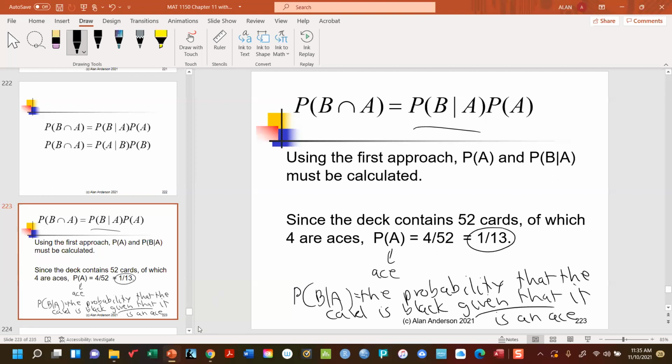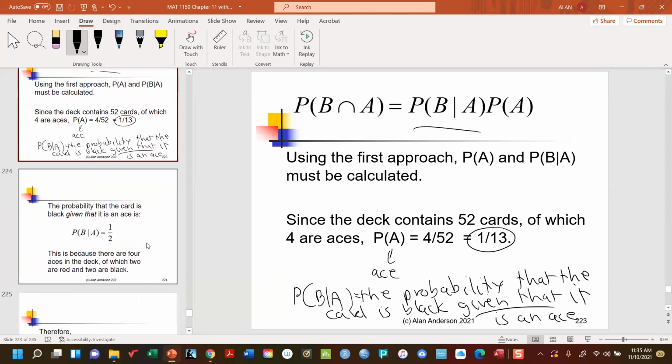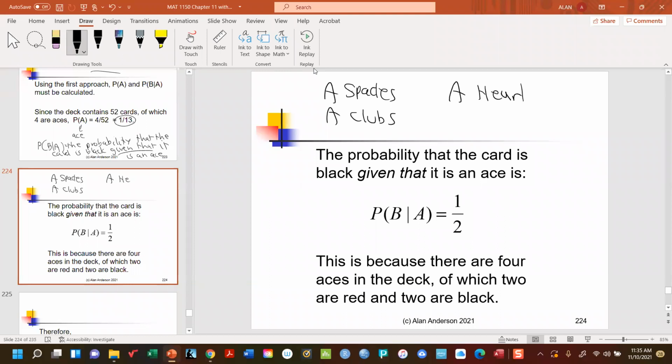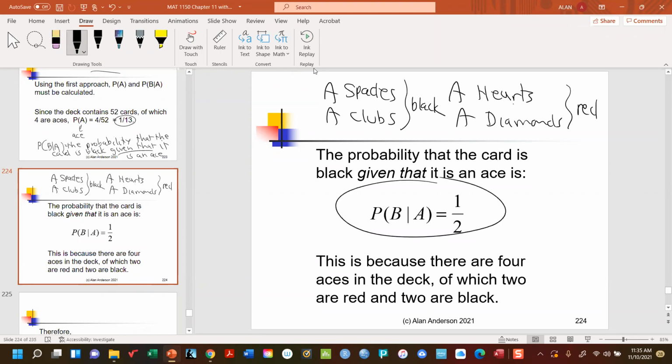So therefore, B given A must be a half. 4 aces: ace of spades, ace of clubs, ace of hearts, ace of diamonds. These are red and these are black. So we determined that B given A is 1/2.